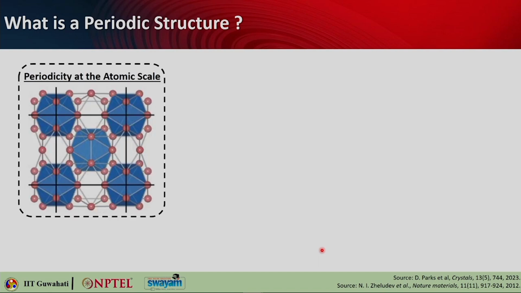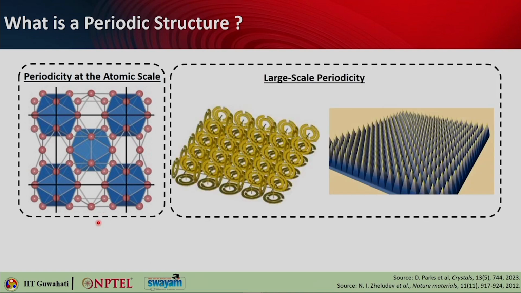If you look into periodicity, it is present at the atomic scale. All these atoms actually have a periodic lattice in which the electrons or the elements are oriented, or their positions. So different atoms are all positioned in different lattice points.